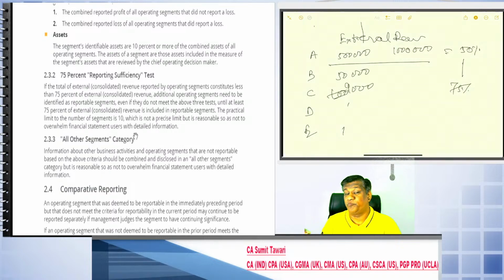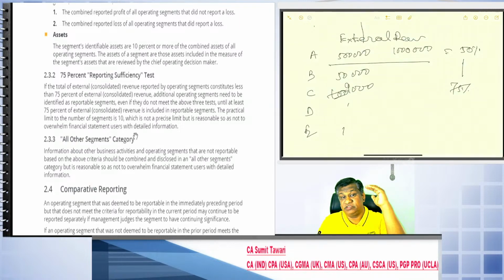You need to report on the basis of total revenue. Then you need to again calculate whether the segments you reported complete 75% of external revenue with respect to the total external revenue. If it is not fulfilled, then you need to identify an additional reporting segment so that you can complete the 75% external revenue.